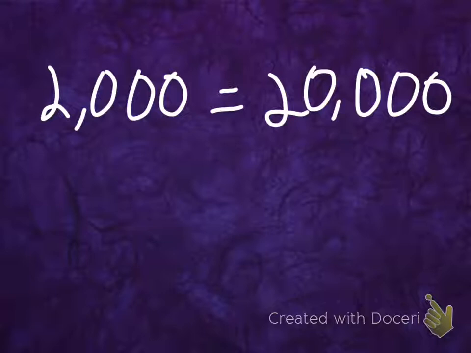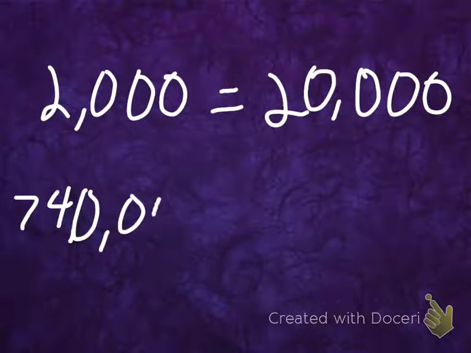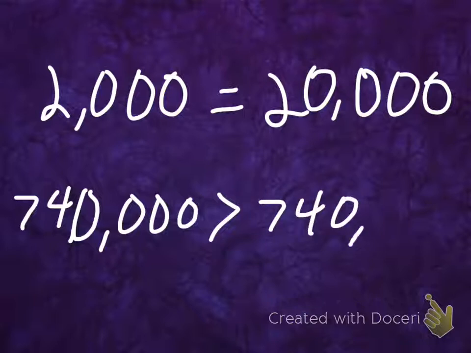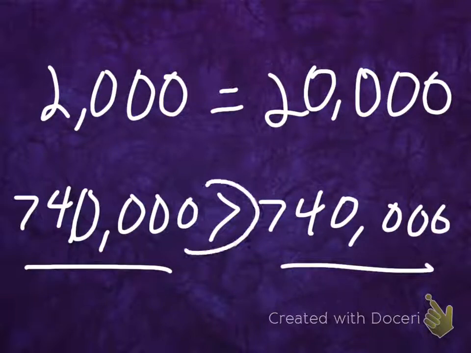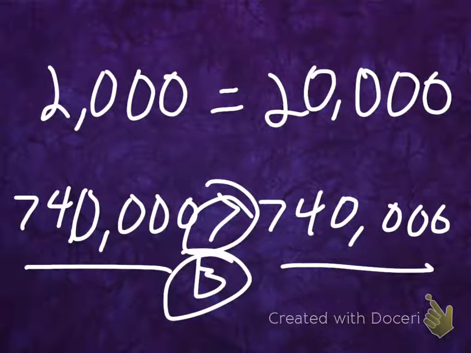I move my decimal to the right 5 times and I get 740,000 is greater than, I move my decimal 6 times to the right and I get 740,000. These are equal to each other, not greater than, so B is our answer. Questions on that one? Okay.